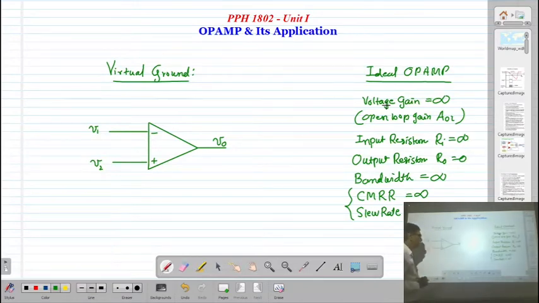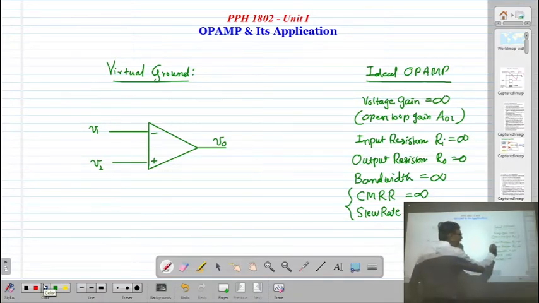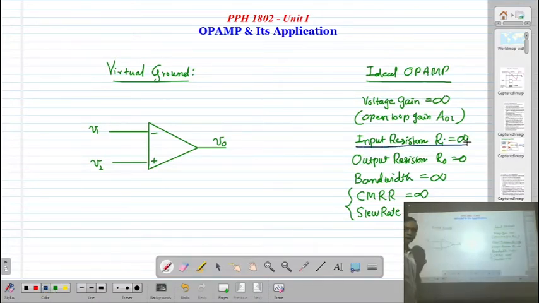So, what is a virtual ground? Here we know that the input resistance is infinite, means the resistance between the inverting and the non-inverting terminals is infinite. Whatever the Ri is, it is infinite, means there will not be any flow of current from the inverting terminal to the non-inverting terminal or from the non-inverting terminal to the inverting terminal.